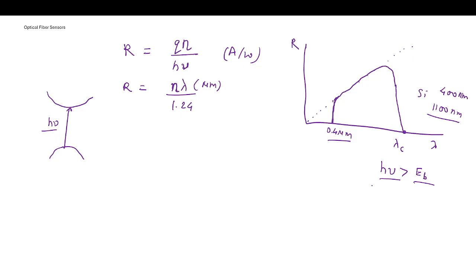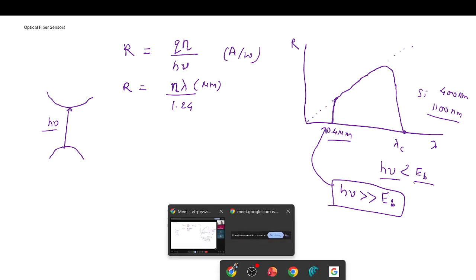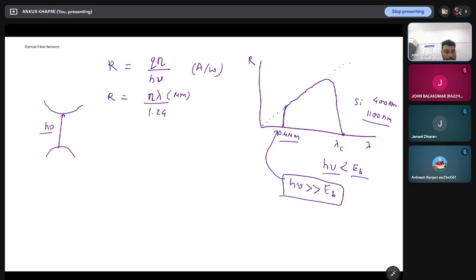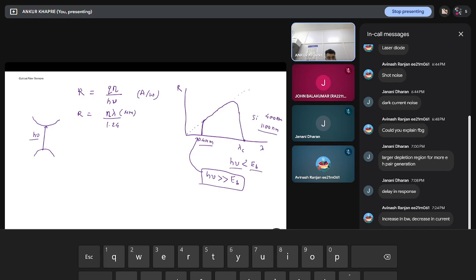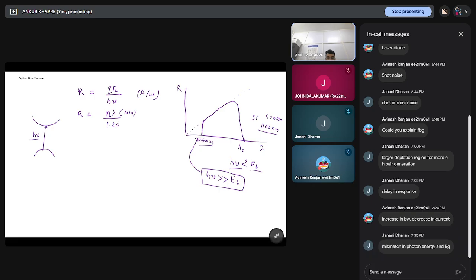At 400 nanometer the photon energy is way high, while here it is low. So what's the problem here? Why is it not going for 300 nanometer, 0.3 micron, also?